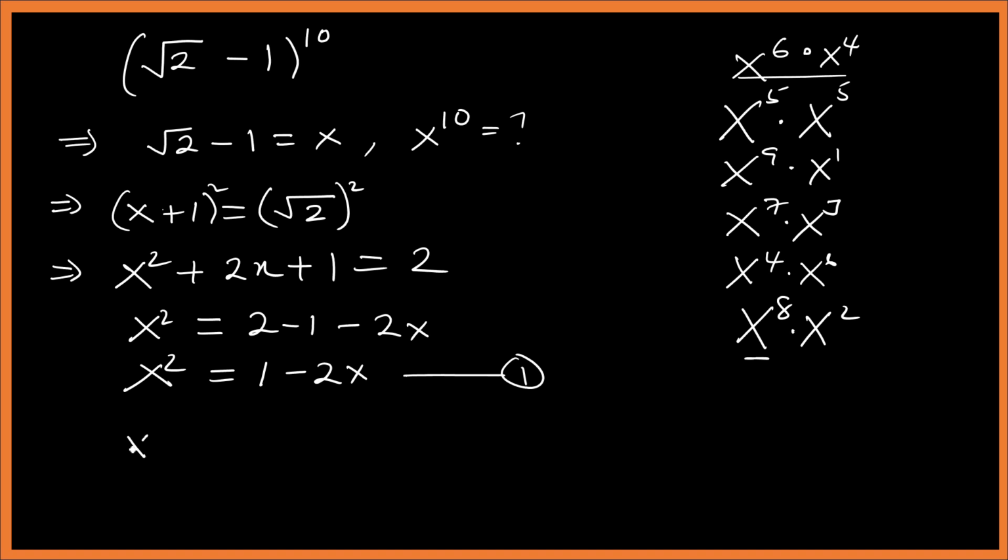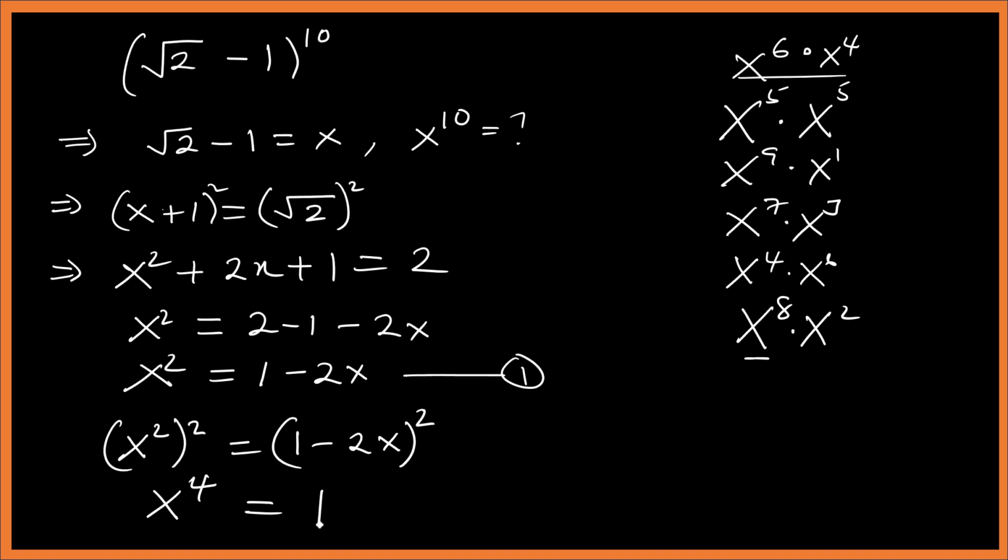So x squared is 1 minus 2x, all squared. So we have x to the power 4, and this side will be 1 squared, 1, minus 4x plus 4x squared.